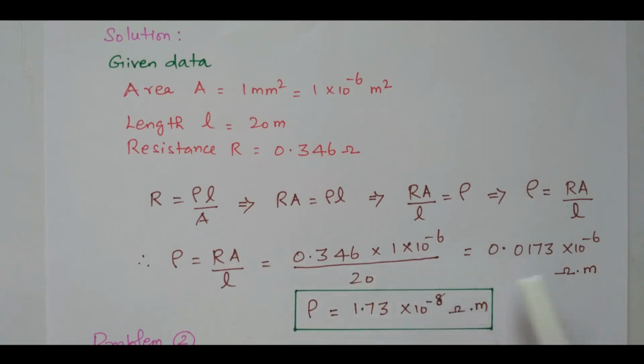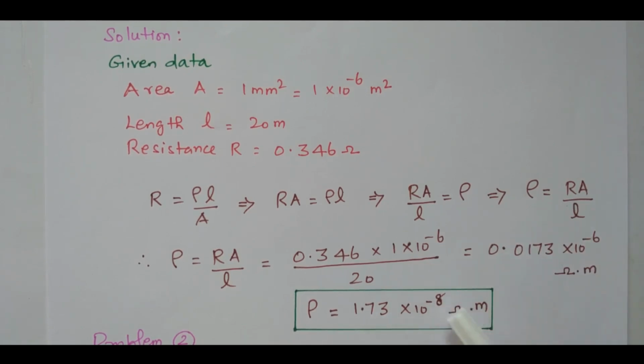By simplifying, we get 0.0173 into 10 to the power minus 6 ohm meter. The unit for resistivity is ohm meter. Moving the decimal two places, we get 1.73 into 10 to the power minus 8 ohm meter, so the 10 to the power minus 6 becomes minus 8.